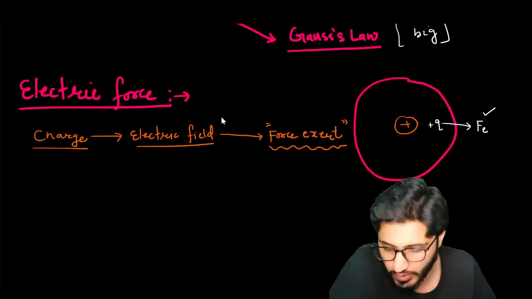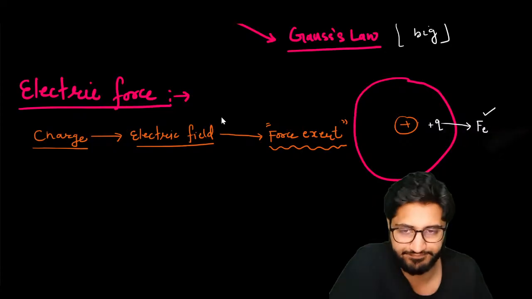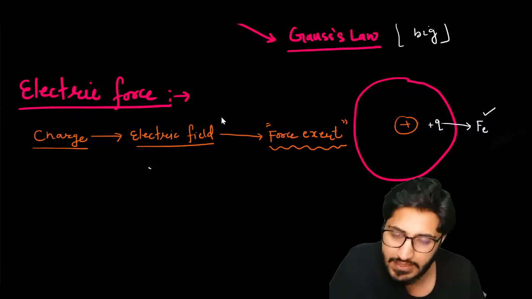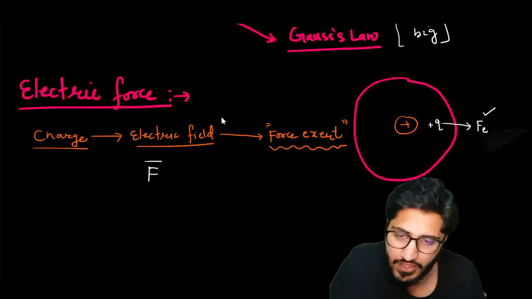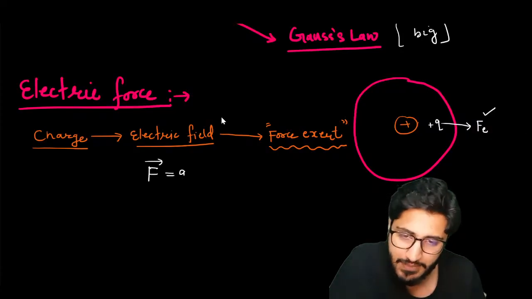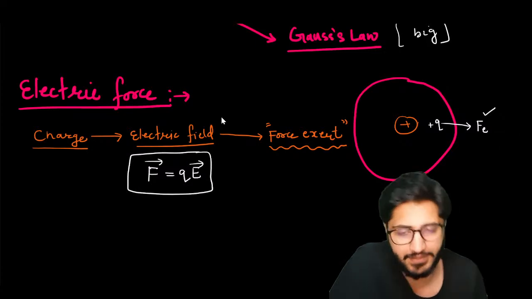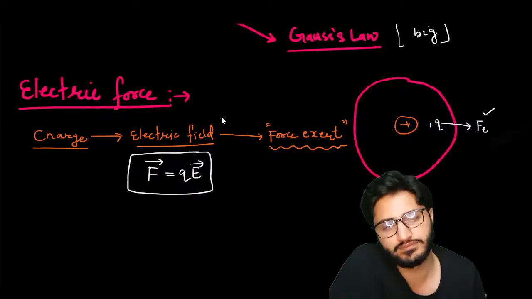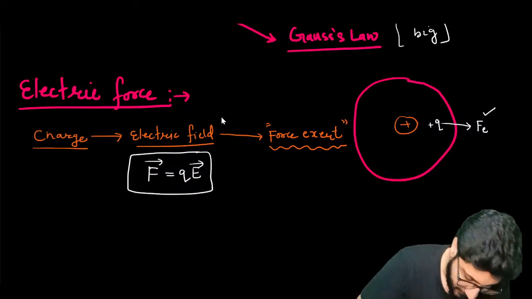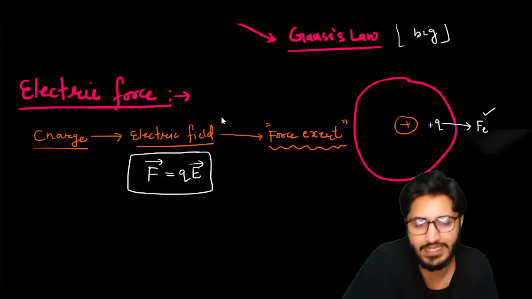This force is known as the electric force. So the electric force is equal to the charge multiplied by the electric field, F equals qE. This equation you need to remember. Very simple.